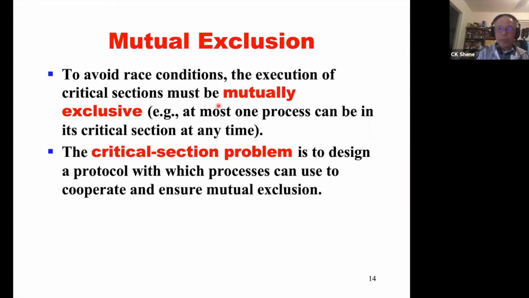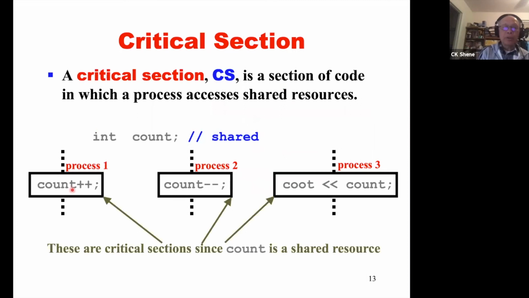So let's get to here. We have 3 critical sections here. If mutual exclusion is satisfied for the variable count, even though process 1, process 2, and process 3 are running concurrently or even in parallel, at any moment only one of these processes could have access to this one, or this one.